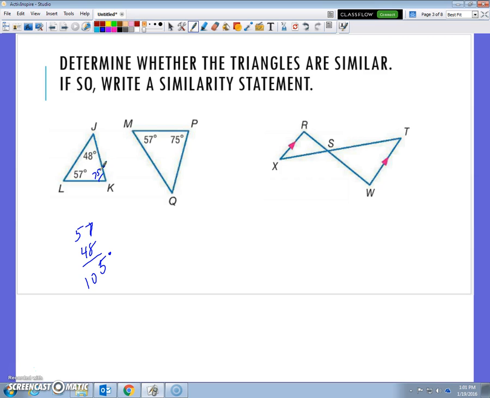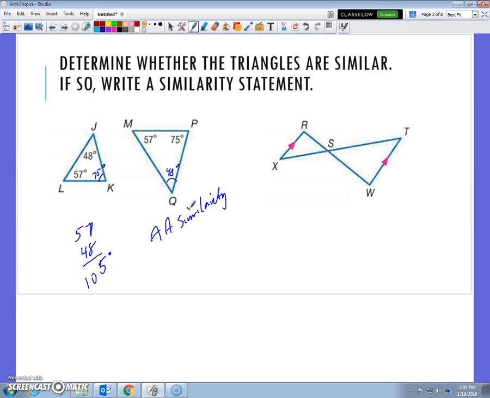And it looks to me like we have two angles that are congruent, the 75 and the 57. That means it's guaranteed that this last angle must be the same in both of them. So I would say through the angle-angle similarity that these would be similar triangles, not congruent, similar.